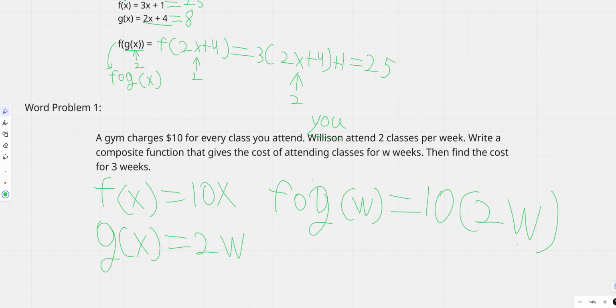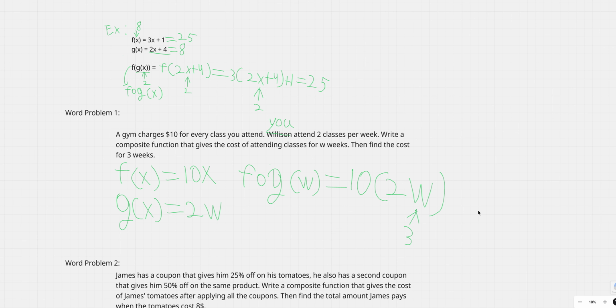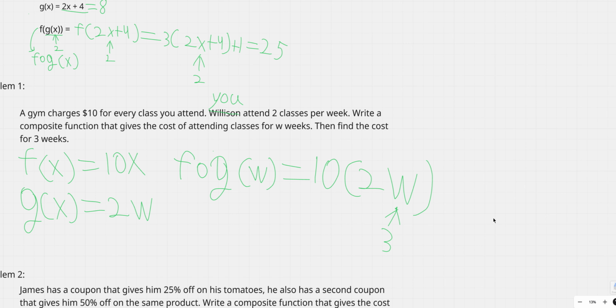So now in this case we have the weeks, and that input gives us the cost, $48.